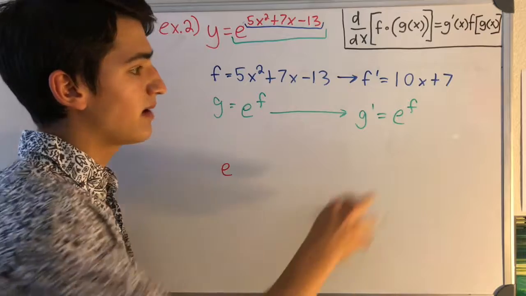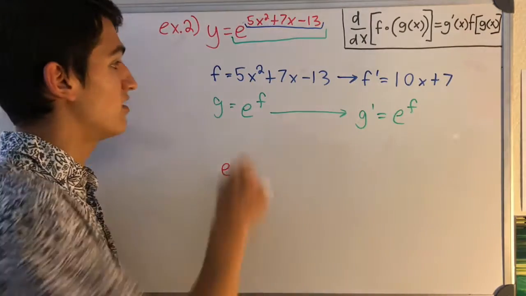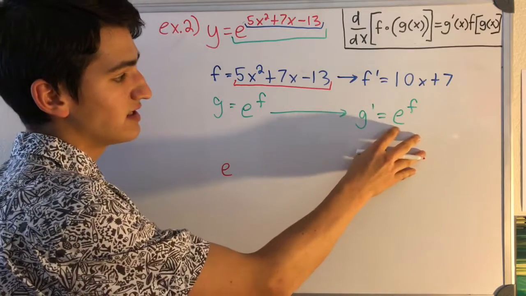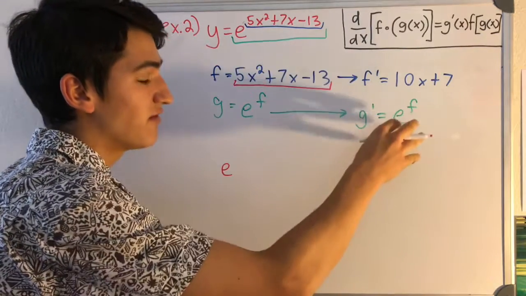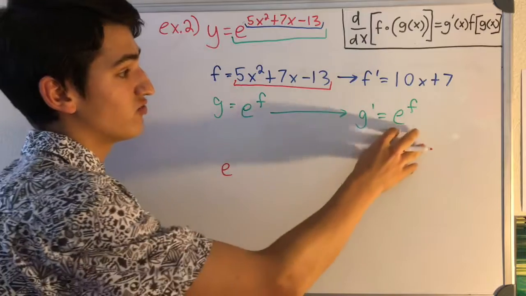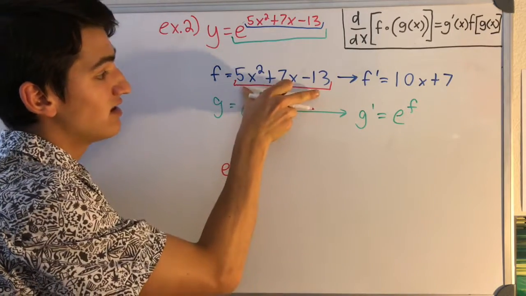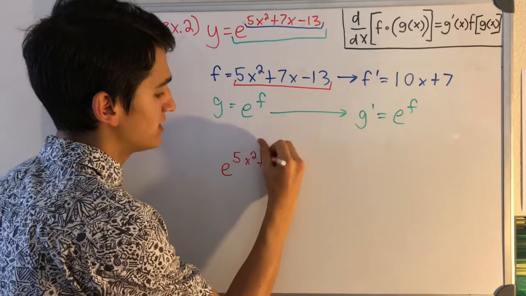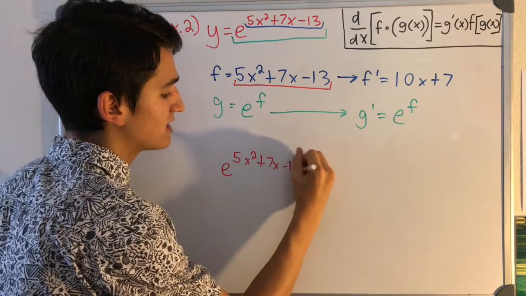But remember, f is just something we made up to call this first function right here. So instead of plugging in e to the f, it's really e to this function. So it's e to the 5x squared plus 7x minus 13.